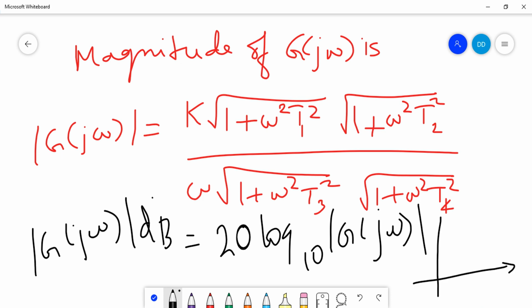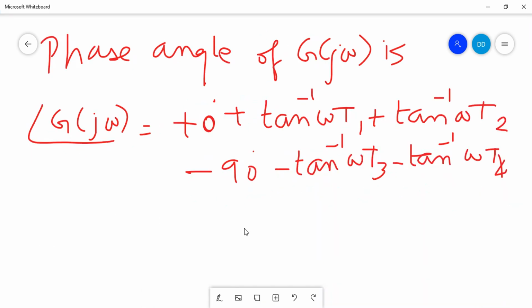So if the x-axis is omega, then our y-axis will be the magnitude of G of j omega in decibels. This is the Bode magnitude plot. Next, we will consider only the angles of G of j omega.